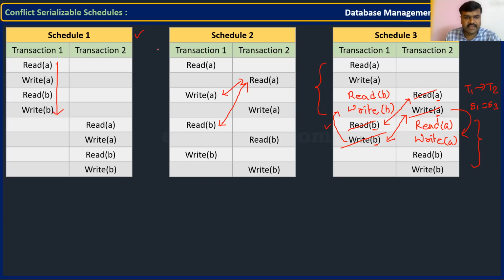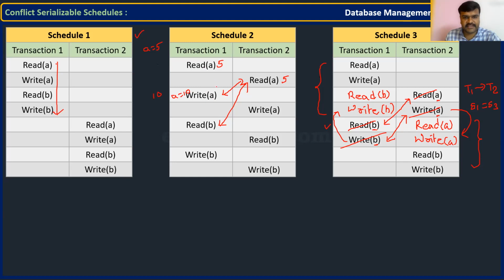For example, A value is 5. Here you are reading it as 5. Then you are performing write. Now, for example, after doing some modifications, A value is going to become 10. That means you are writing this A value as 10.